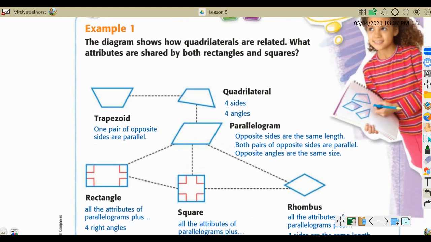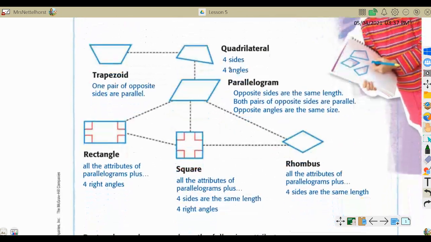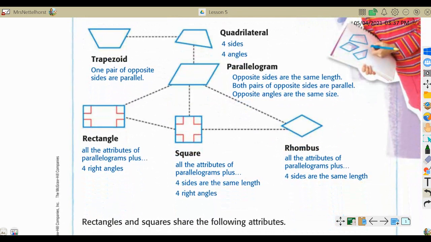So let's look at our chart. And I like reading this chart from the bottom up better. I tried reading it from the top down, and then I thought, maybe the bottom up will work better. So let's read it from the bottom up. Down here at the bottom, you have a rectangle, a square, and a rhombus, and you can see the things that they have in common. Rectangles and squares both have 90-degree angles, but a rectangle has two lines that are longer than the other two lines.